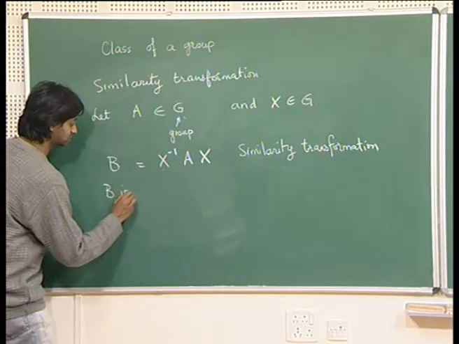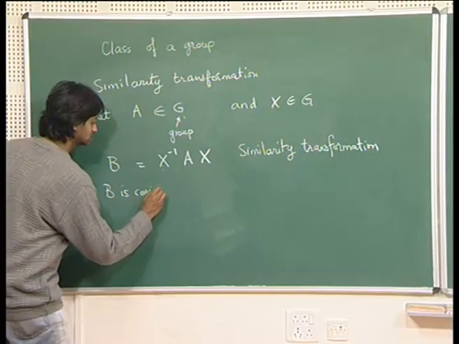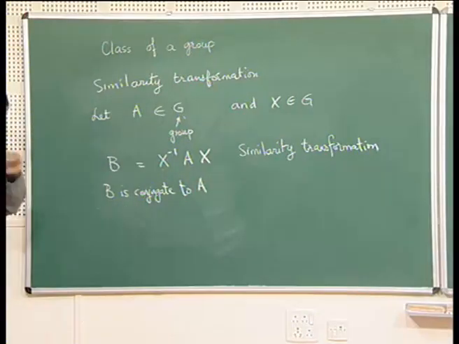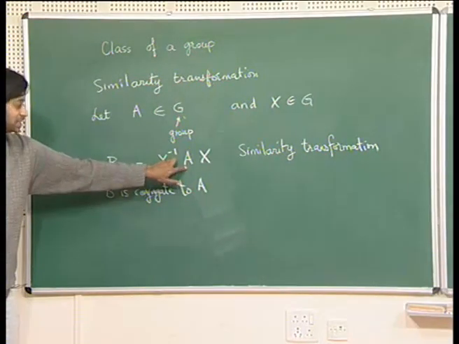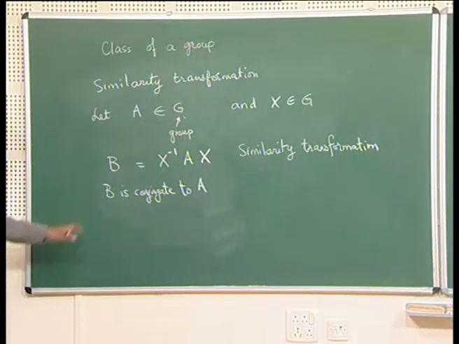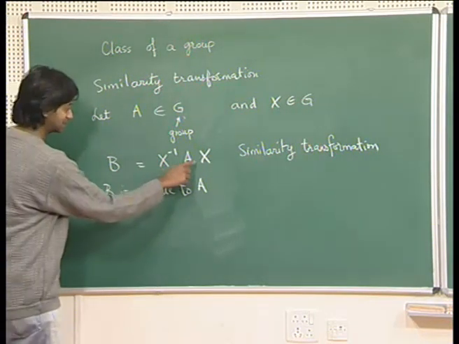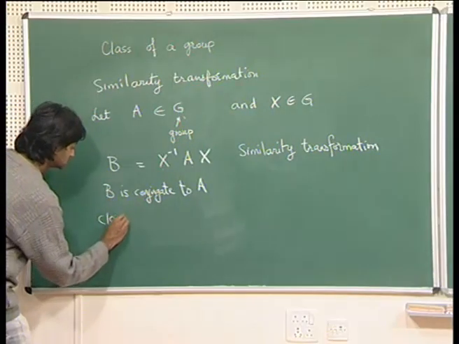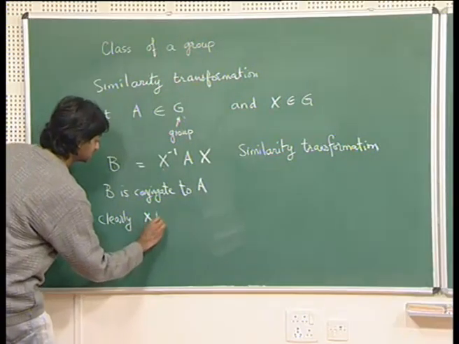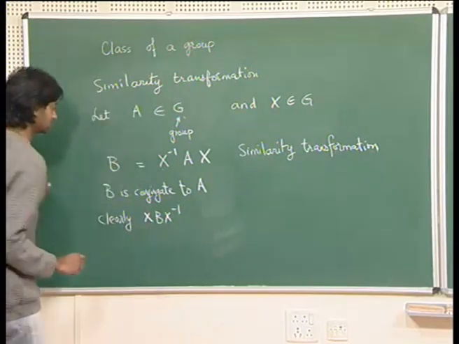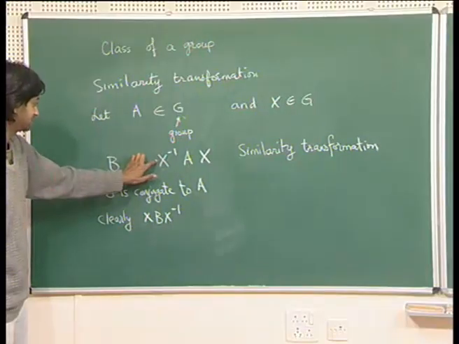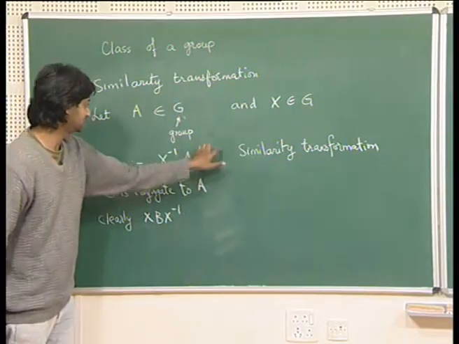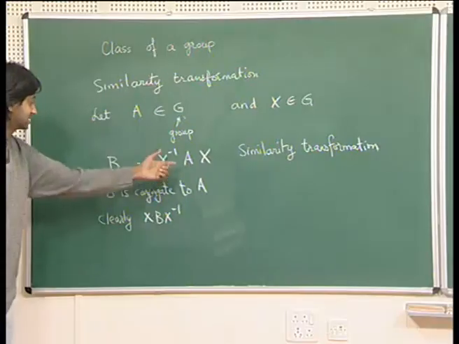So, you say B is conjugate to A. You can easily show that if B is conjugate to A, then A is also conjugate to B. Now, if I pre-multiply by X, I get X B, which is A X. Then I multiply on the right by X inverse, and I just get A.